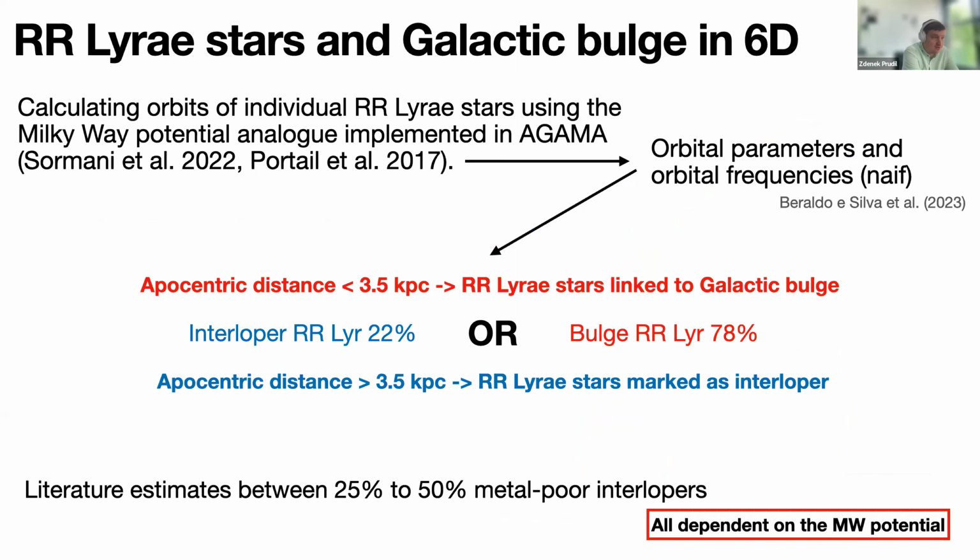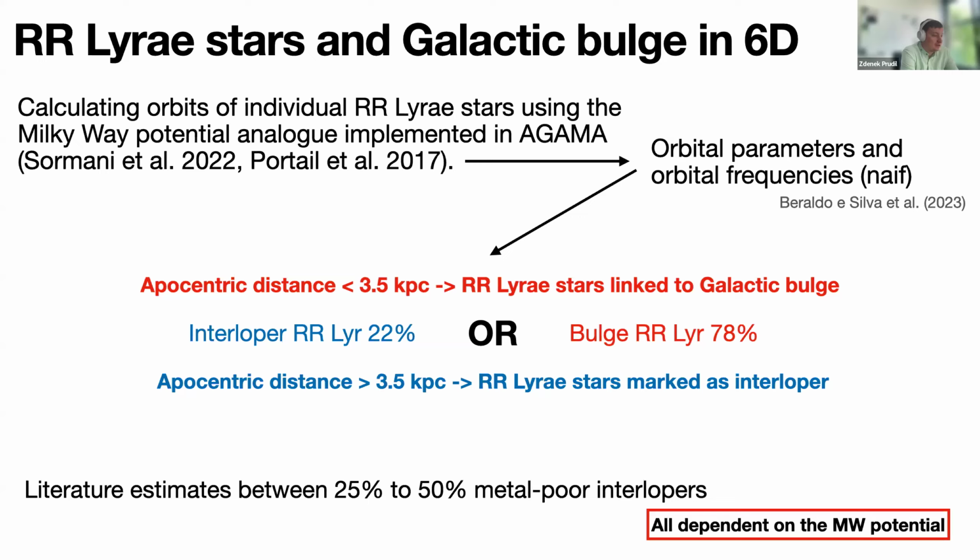Now, when you have the 6D information in your data set, the spatial and the velocities, you can integrate the orbits in an analytic potential for the Milky Way of your choice. We chose the one that is implemented in Agama, which is based on both simulation and observation.